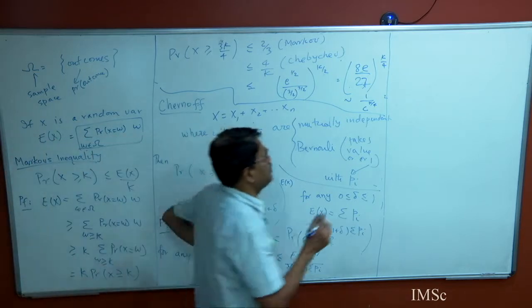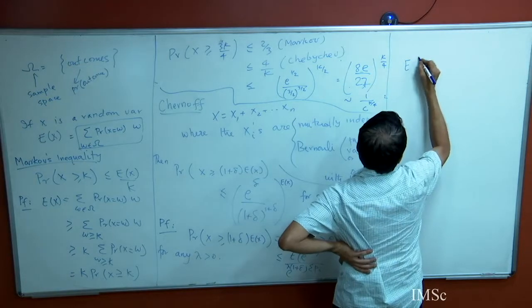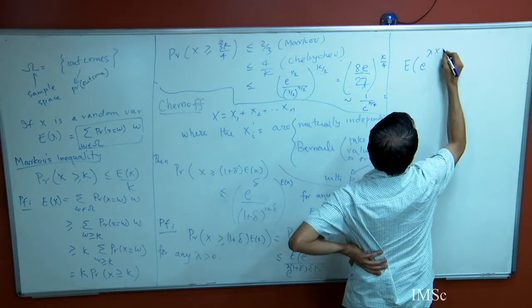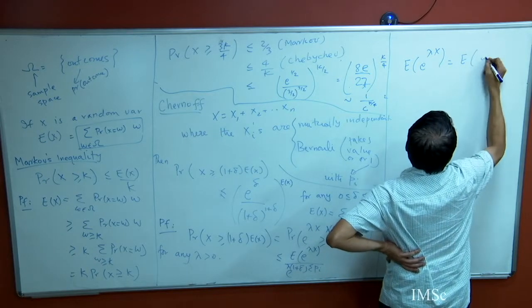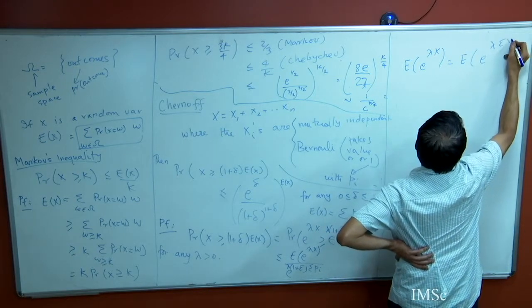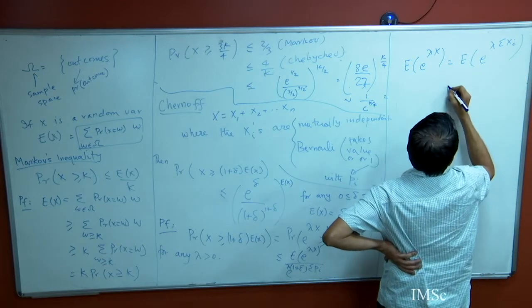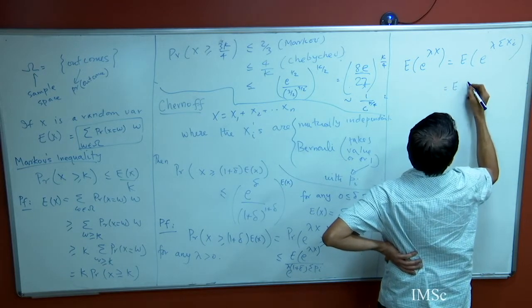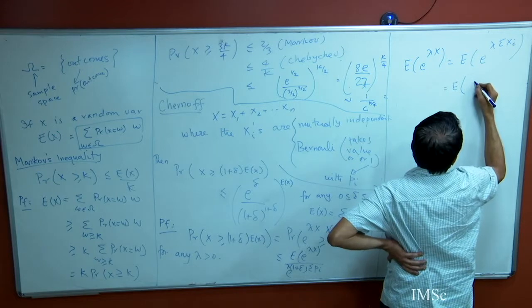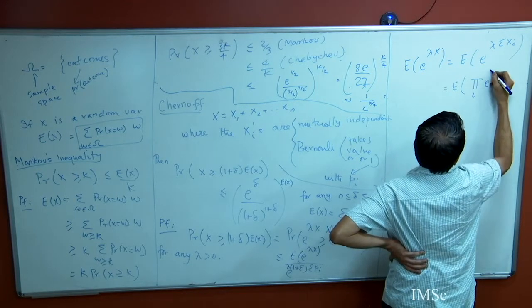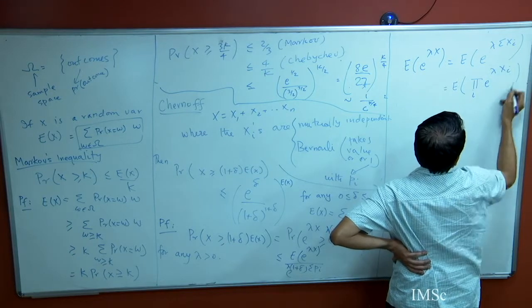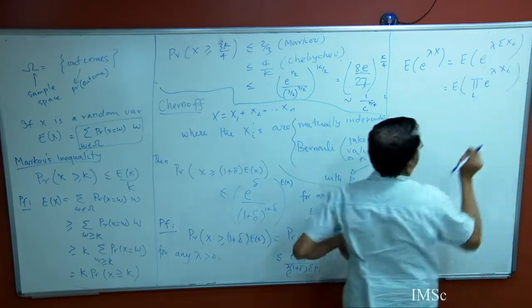Yeah, let's compute the expected value of e power lambda x. Expected value of e power lambda summation xi, right? Which is the same as the product over i of e power lambda xi, right? Because these two are the same.